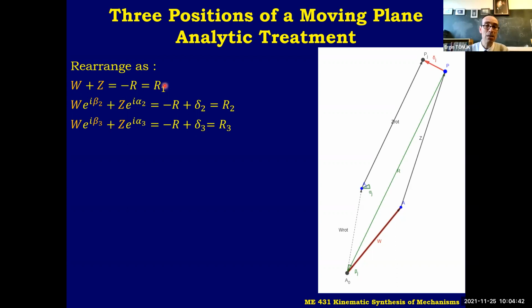So R1 points from A0 to P. For the second equation, if I take R from here to there, I will have delta 2 minus R, which I will call R2. And since I select A0, this is also known. Similarly, in the third equation, delta 3 minus R, I will call R3, and it's known as well.